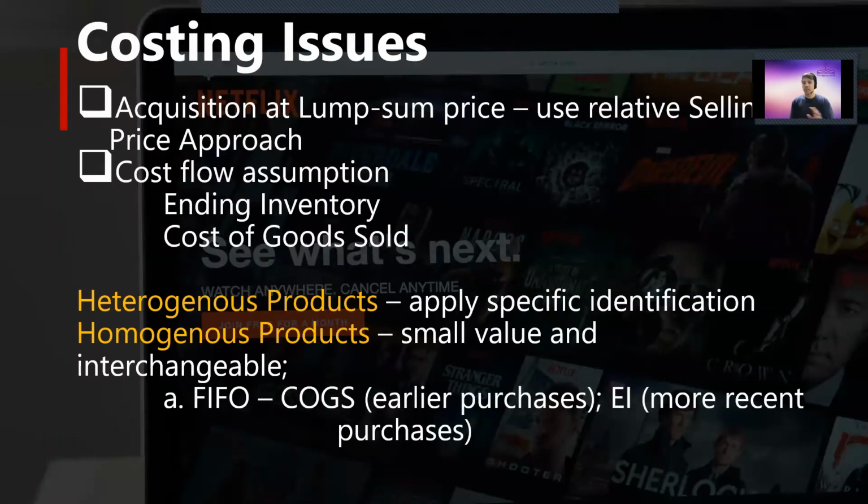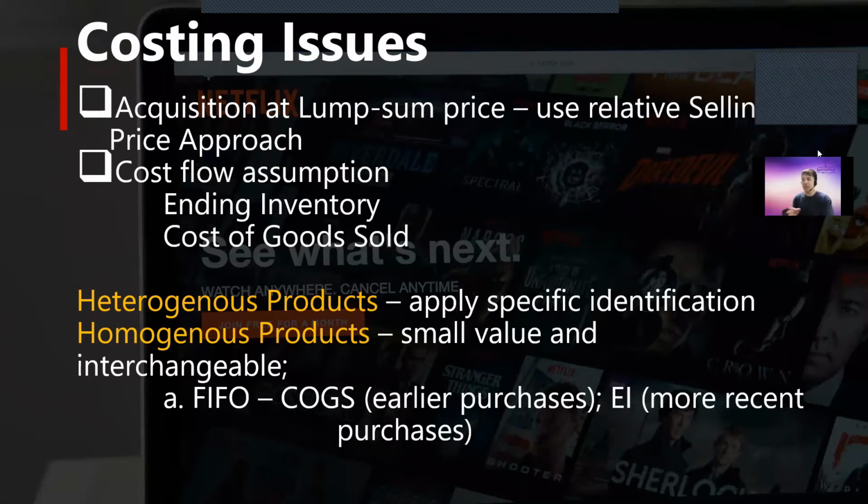Okay, so first let's discuss some of the costing issues. So, acquisition at a lump sum price. One good example of this would be purchasing a number of inventory items where you were given a lump sum price.